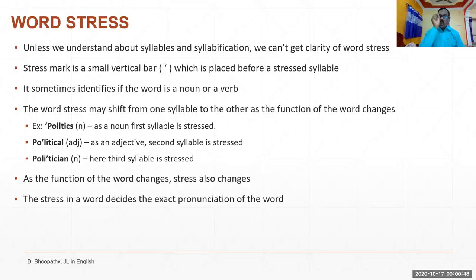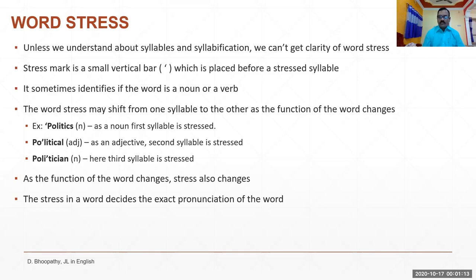So that is the stressed syllable, and there is a stress mark before the sound po, before that first syllable. So the first syllable is the stressed syllable. Politics. It is a noun.